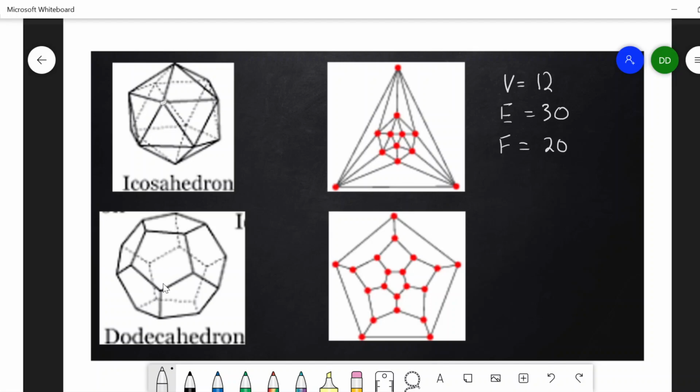And then we have the dodecahedron. The dodecahedron, each vertex here, there's 1, 2, 3 faces that meet at each vertex. And how many vertices do we have? 1, 2, 3, 4, 5. You might actually remember this one from the Icosian game of Hamilton. There are 20 vertices in the dodecahedron.